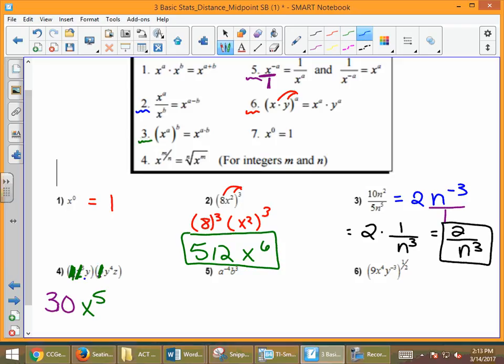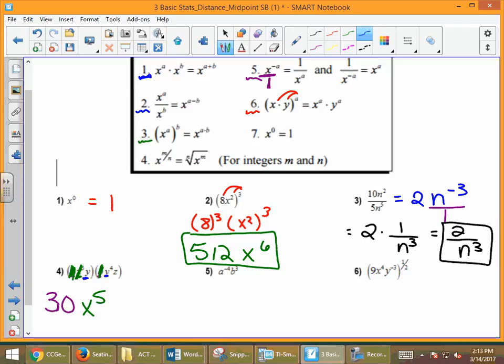Here we have y. Is there another y to multiply with it? Yeah, there's y to the fourth in the other parentheses. So when multiplying like bases, look at the box. Number one right here. What does it say to do with our exponents? Add them. Here's the thing. What's that y being raised to?